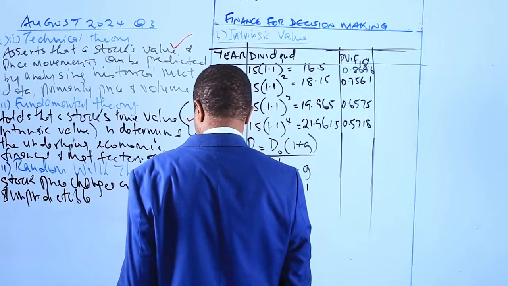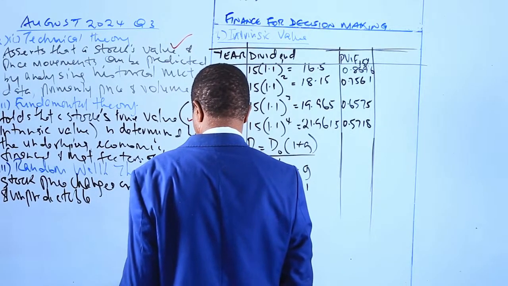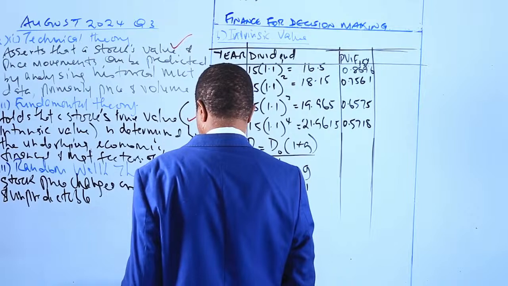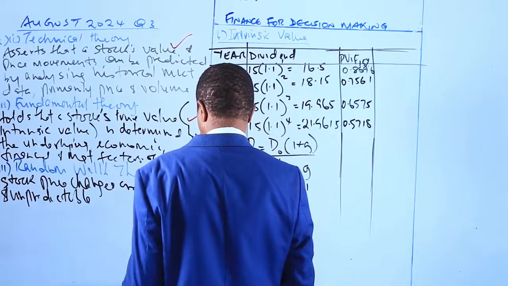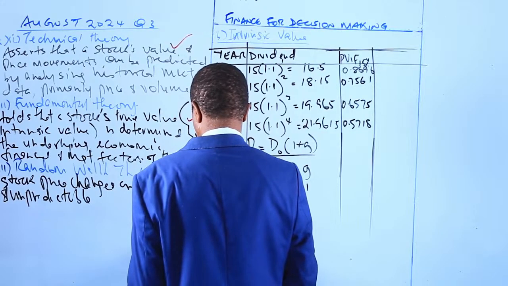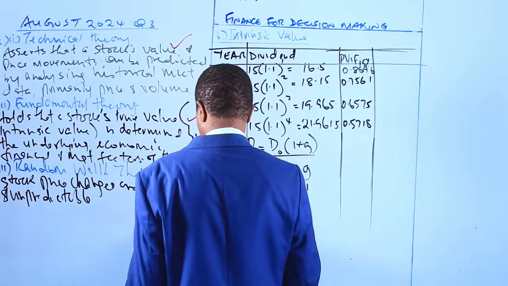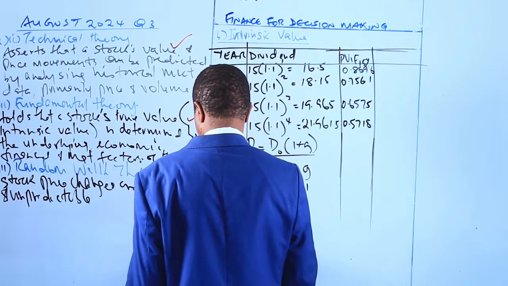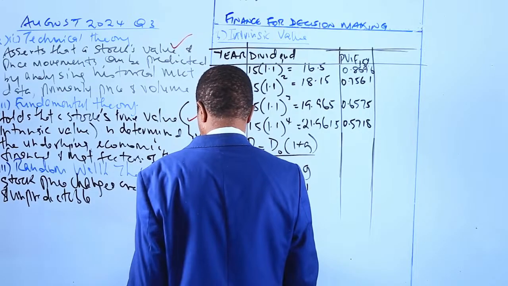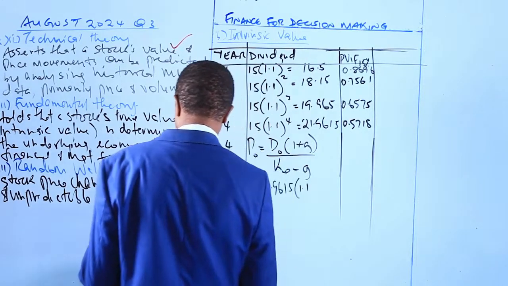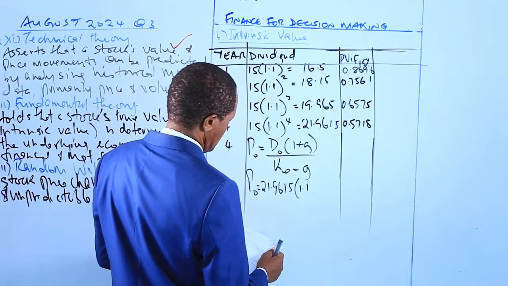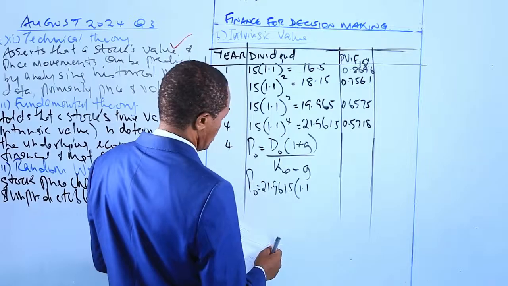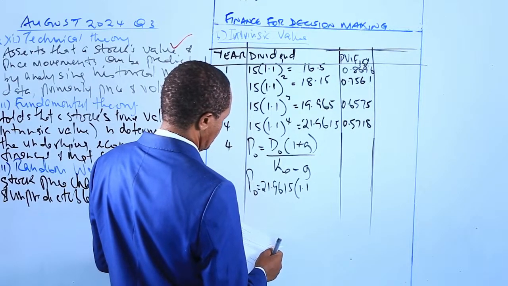Do we have the growth rate? Look at the question again. Are we given the growth rate? Yes, we are told that the dividends are expected to grow at the rate of 10% for the first 4 years.